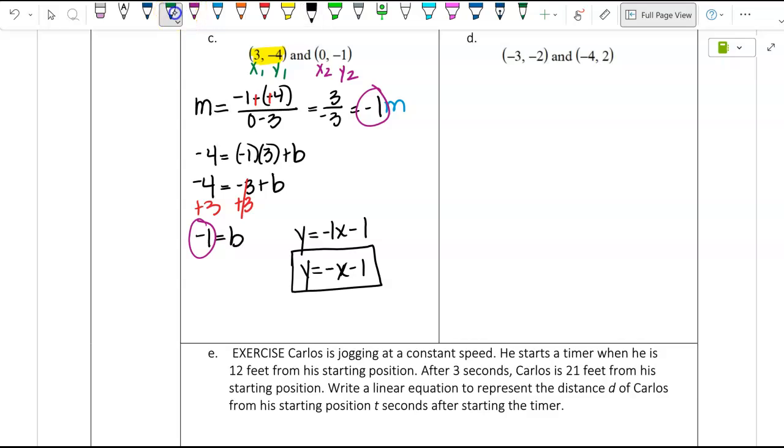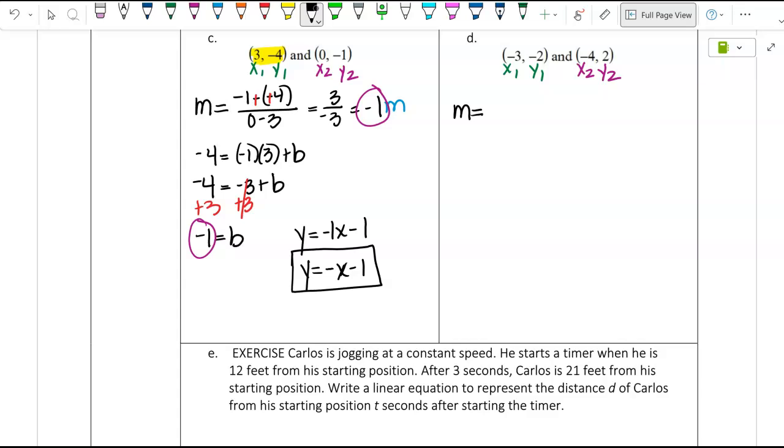All right, problem D. (-3, -2) is my x1, y1. (-4, 2) is my x2, y2. I'm going to pause for a moment while you figure out the slope. All right, so Caesar, what do we get for our slope here in problem D? -4.